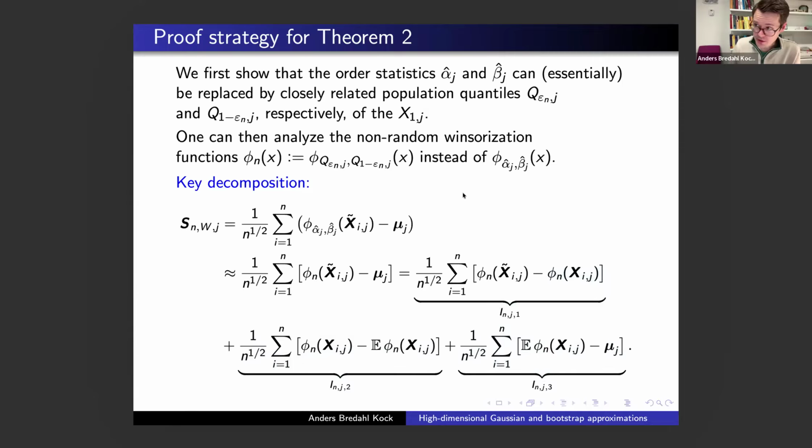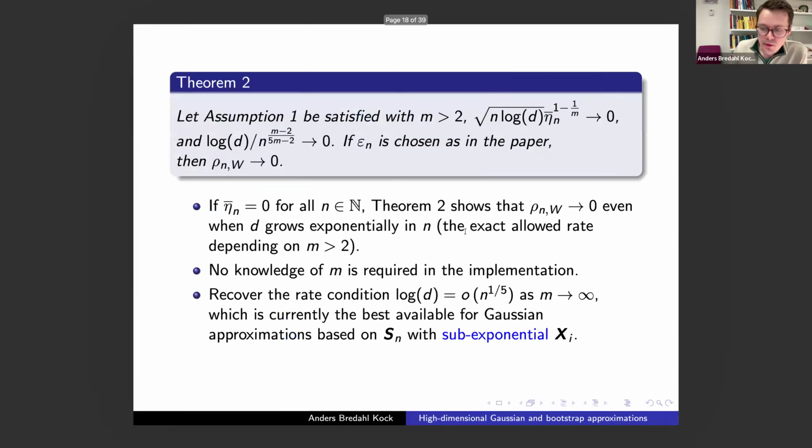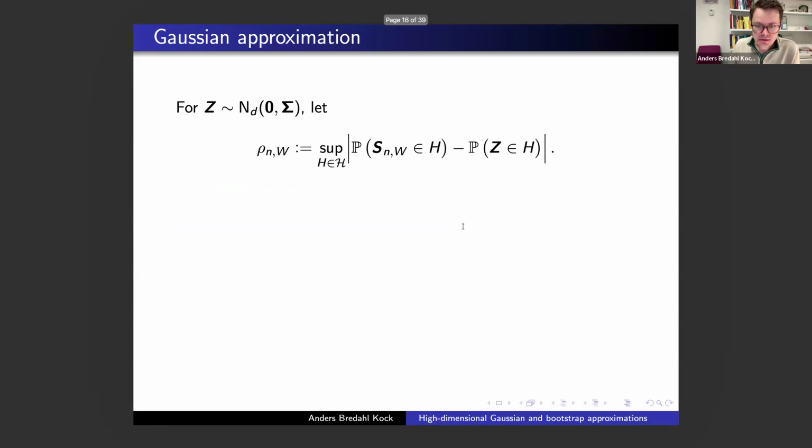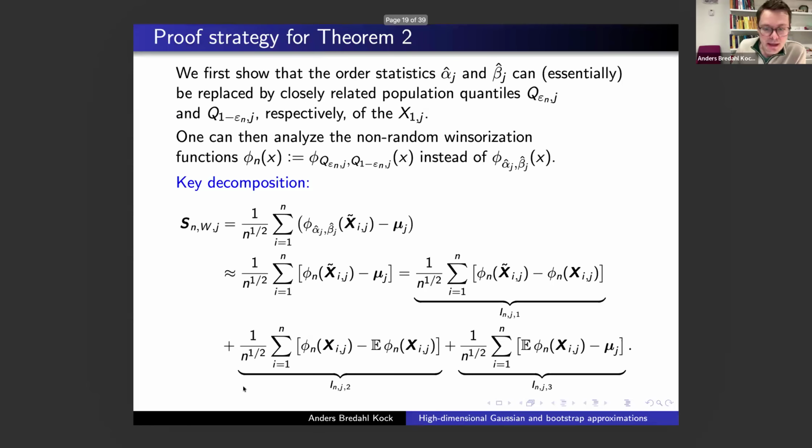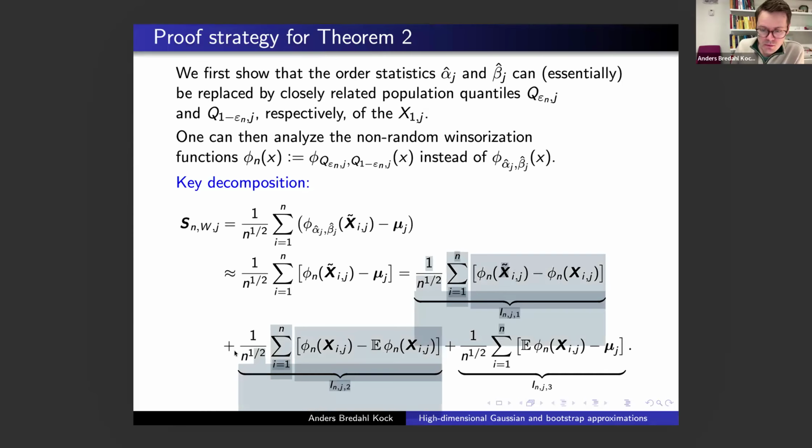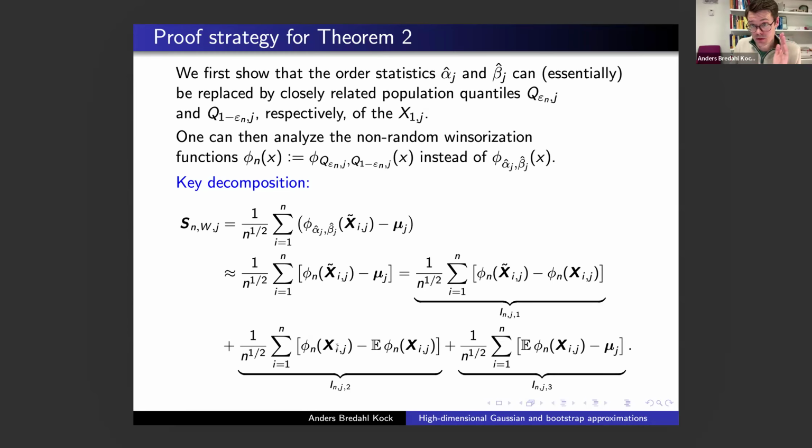So there's great hope. In fact, I'm rather sure it's possible to extend these results to time series data. The point where dependence really enters is when one wants to apply high-dimensional central limit theorems to these terms I2 here, but such results also exist for time series, as in the paper by Zhang and Wu, for example. Okay.